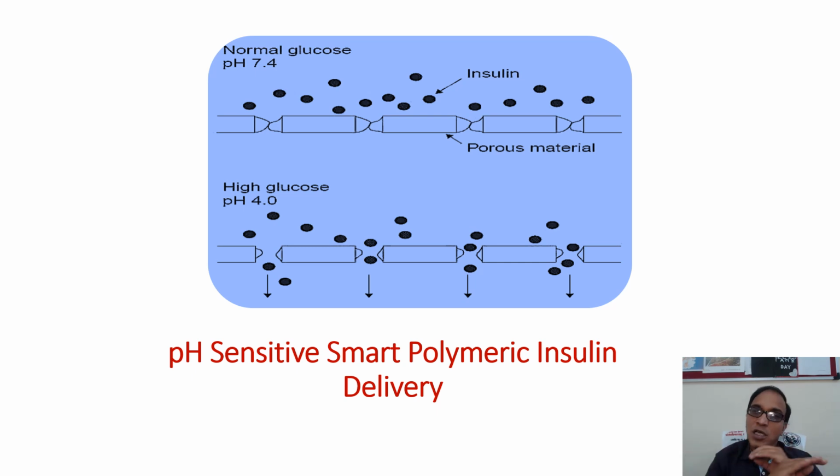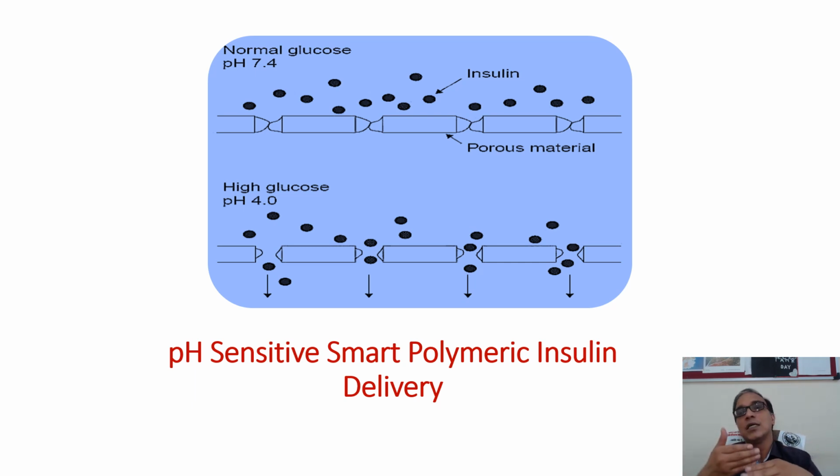In that case, the delivery system made of EVA copolymer senses the change in pH, and it has the inherent property of diffusion, and erosion occurs in the polymeric matrix. The insulin is released into the system, glucose transport is increased, and the glucose level comes down.